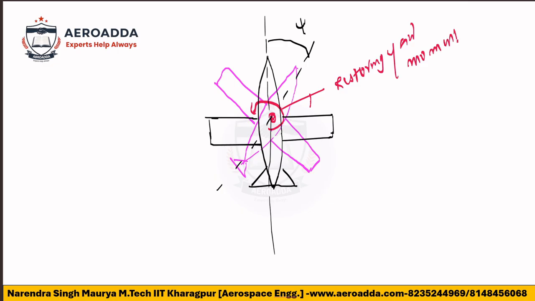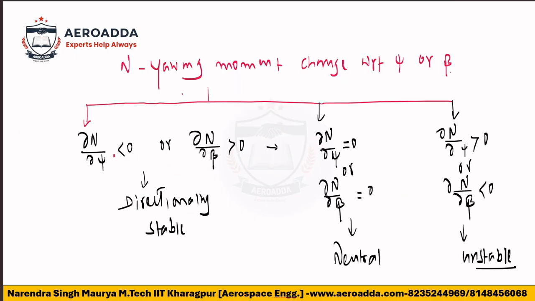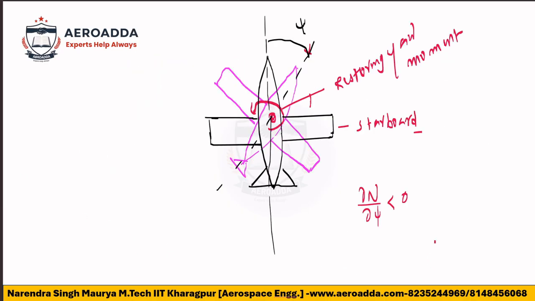Yaw moment. This is the starboard side. This is the psi. If the yaw is towards the starboard, then psi will be positive, and the moment towards the starboard also will be positive. If it is opposite to this, then the restoring moment will be negative. For that reason, you get ∂N/∂ψ less than 0, which is stable.